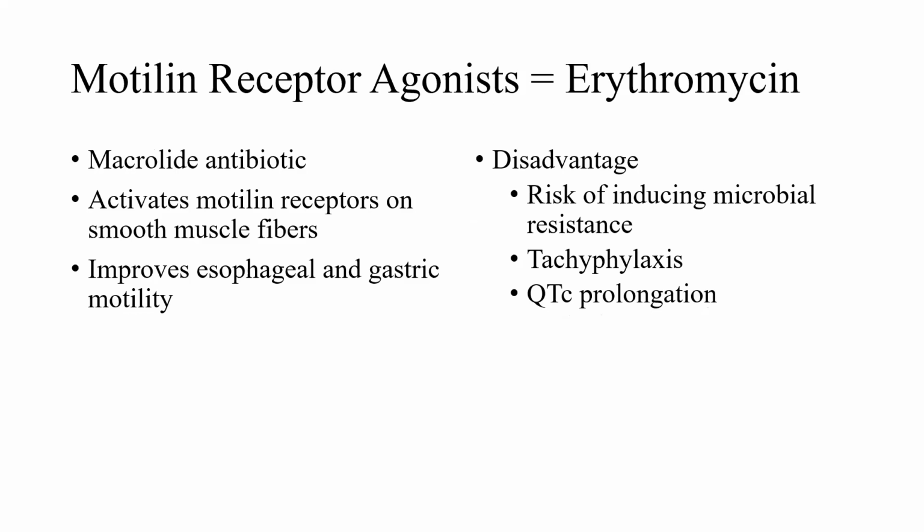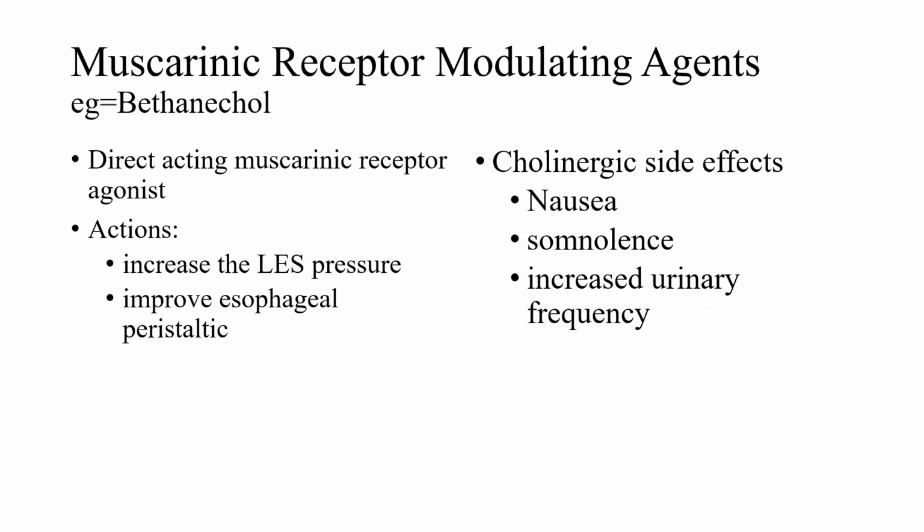It stimulates the motility receptors on the smooth muscle fibers and thus improves esophageal and gastric motility. On the other hand, the disadvantages include risk of inducing microbial resistance, tachyphylaxis, and also prolongation of the QT interval.